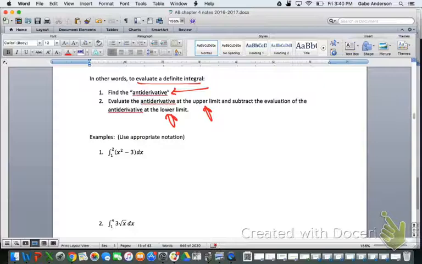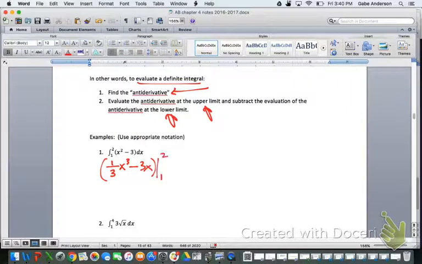Let's take a look at number 1. This says the integral from 1 to 2 of x squared minus 3 dx. Step number 1 is to find the antiderivative. The antiderivative of x squared is 1/3 x cubed, and the antiderivative of minus 3 would be minus 3x. We're going to evaluate this from 1 to 2.